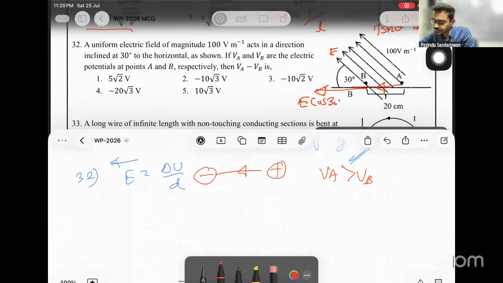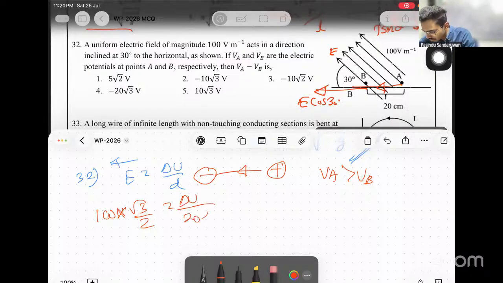Then E along this direction is E cos 30. E is given as 100, cos 30 is root 3 over 2, so E root 3 over 2. Delta V is what we need, and the distance is 20 centimeters, that is 20 into 10 to the minus 2.